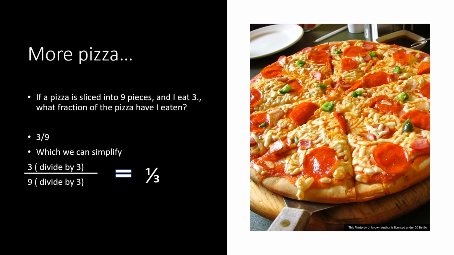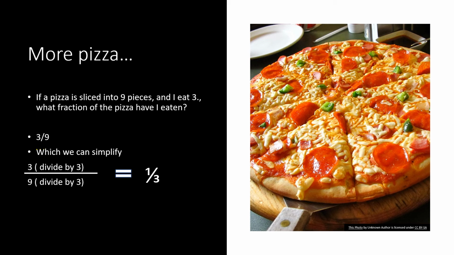So here's some more pizza for you. Now, if I chop my pizza into 9 bits and I eat 3, what fraction have I eaten? So we've got 3 over 9, 3 of our 9 pieces, and we're going to simplify that. Now again, we find a number that we can divide the top and the bottom by without any remainders left over, and both of those numbers will divide by 3.